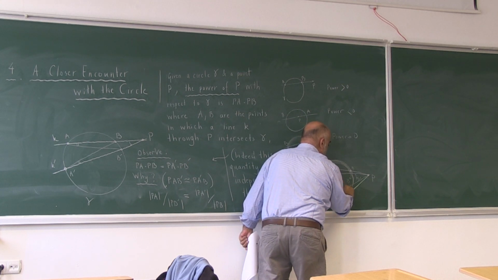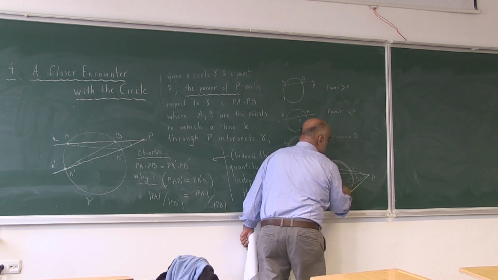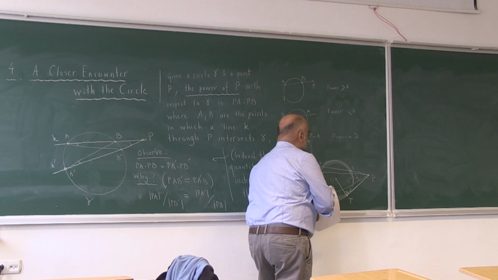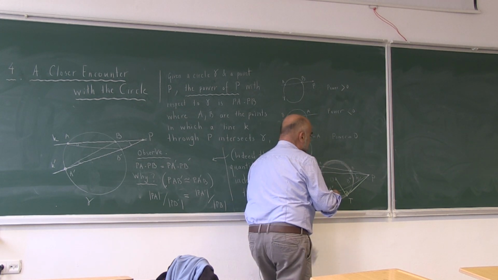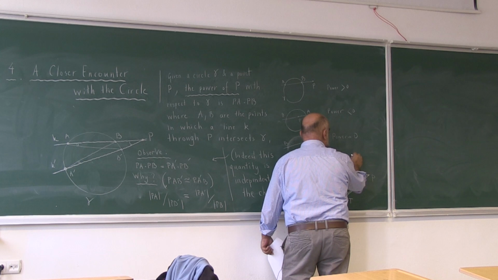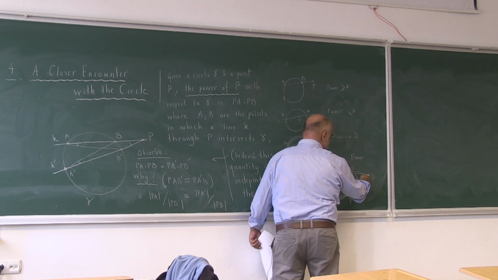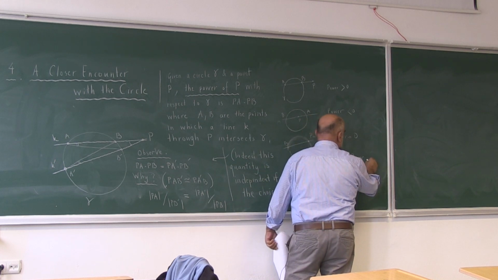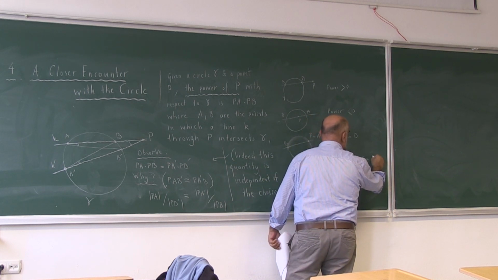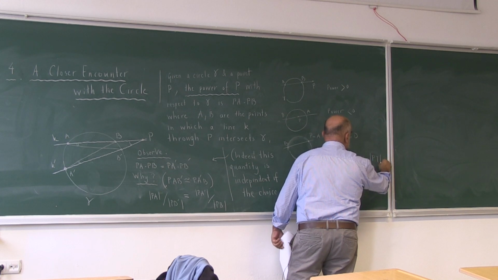And if you join O and T, this is a right triangle. So in fact, in this case, this shows us that the power of the point P is the square of the tangent. So this is PT squared.